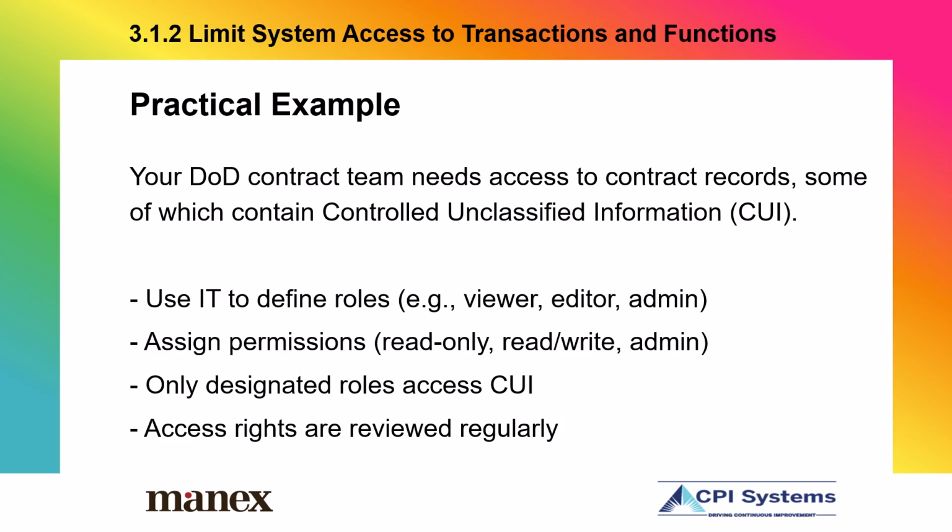So use IT to define roles, assign permissions like read-only, read-write, or admin, and only designated roles access CUI. Access rights are reviewed regularly. Use formal processes: document, review, and adjust permissions at least quarterly, if not more often.